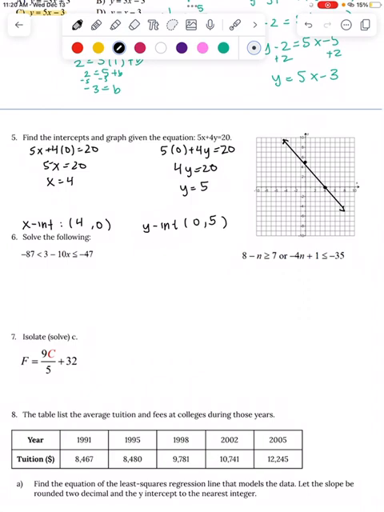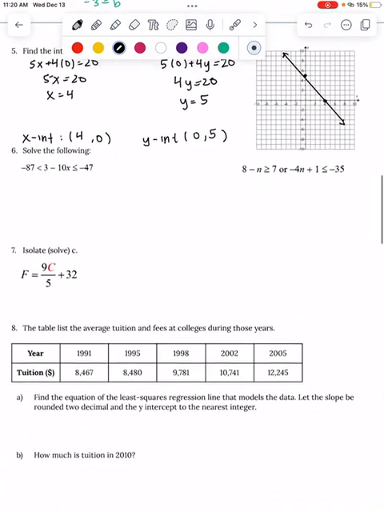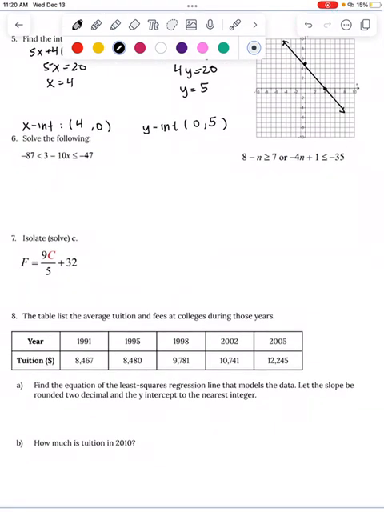Next up is solve the following. All right, inequalities. So when I have them combined like this, just solve for your middle part. So we're going to solve for x. What we do to one in the middle, we do to both sides. I'm going to subtract 3. We have to subtract 3 from everything.